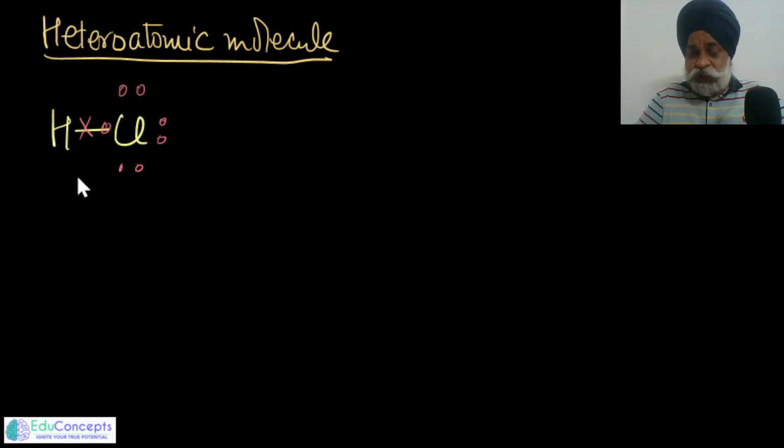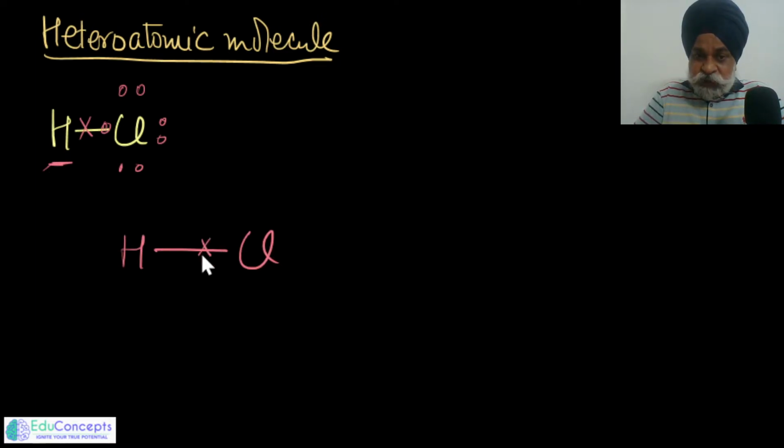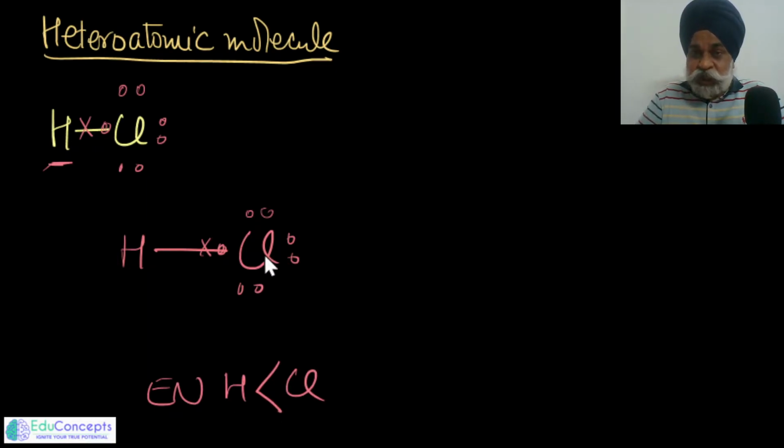Now we want to find the oxidation state of this hydrogen, and we know for sure that hydrogen is less electronegative than chlorine; chlorine is more electronegative. So if I want to remove the chlorine present around hydrogen with the single covalent bond, theoretically, here the bond cleavage would be heterolytic. Why is it heterolytic? Because chlorine is more electronegative.